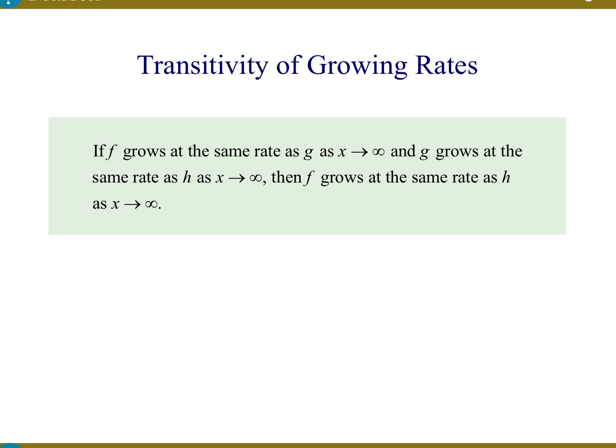So in calculus, we would say if f grows at the same rate as g, and g grows at the same rate as h, then by the transitivity property, f must grow at the same rate as h. So it's just connecting all three things by the one that they have in common. So here we can say that f and h are related to each other by the same growth rate because they're both related to g.